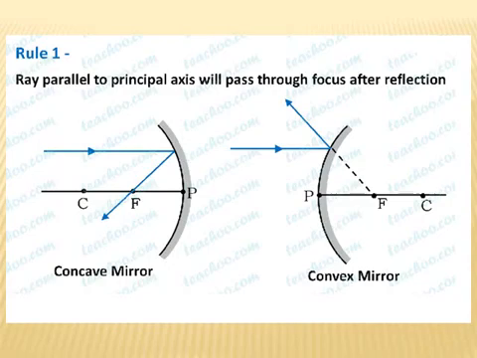Any ray which is parallel to the principal axis, after reflection passes through the principal focus. This is a common rule wherever you draw ray diagrams.